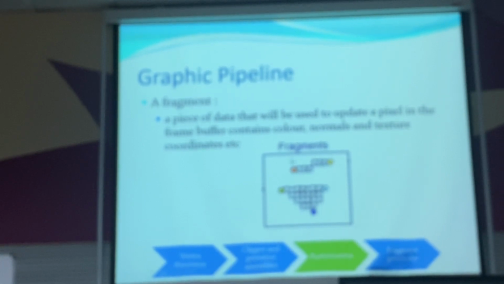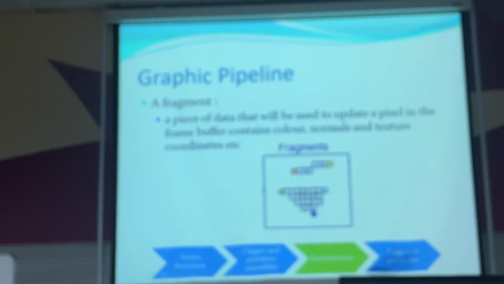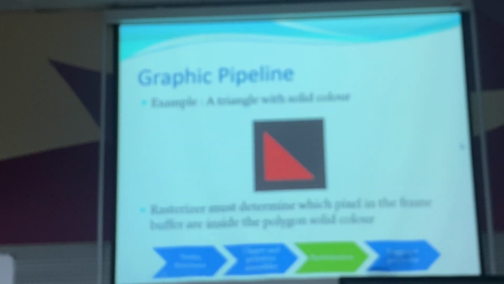So this is called one fragment. This is called one fragment. A fragment is a piece of data that will be used to update a pixel in the frame buffer, containing color, normal, and texture coordinate. So in the rasterization, there is no color for the pixel yet. It's already converted and kept in your frame buffer, and it will split outside and inside.